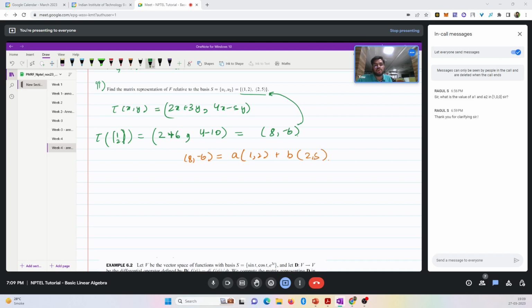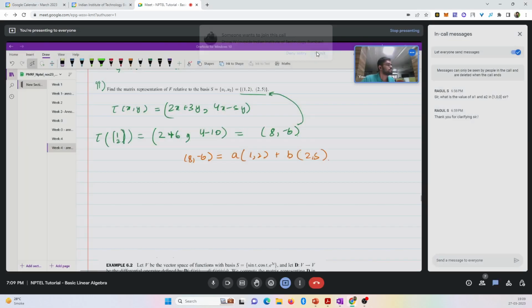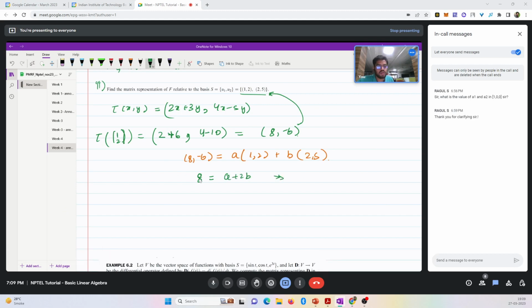Okay, so how can we solve this? Your 8 is nothing but a plus 2b, so you can replace a with 8 minus 2b.